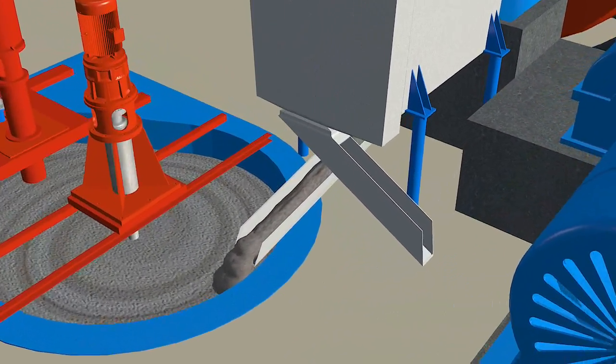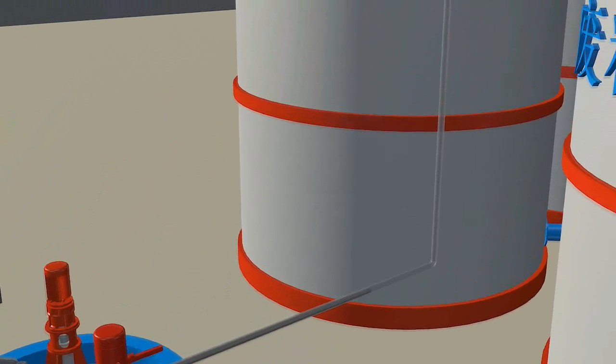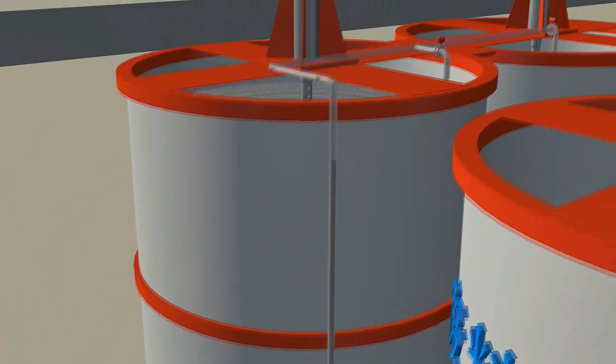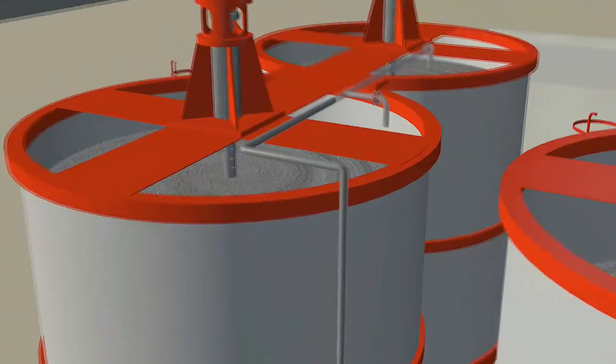The slurry is stored in a big storage tank and mixed slowly. The mixing keeps the slurry from settling.